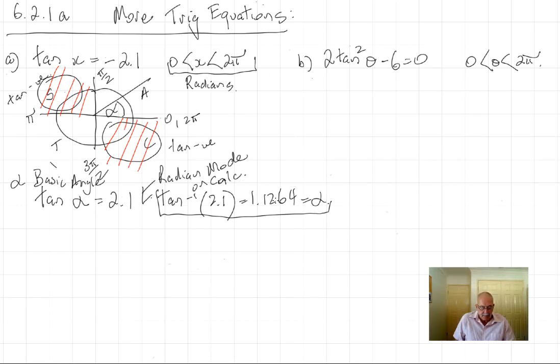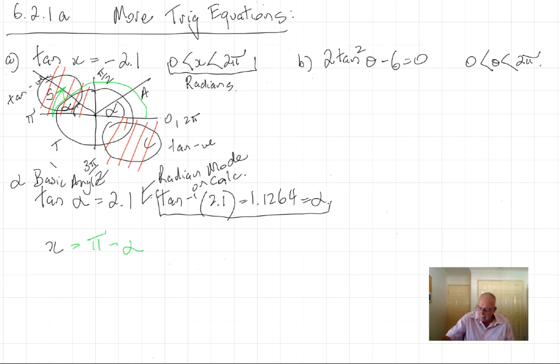That gives us alpha. Now, to work out the angles that will solve this, x, we know that x has got to be either in this quadrant, and that will be my alpha. So we go all the way around to pi, and then we come back to alpha. So if we go green all the way around to there, we get pi, and then we take off alpha, we will get back to that angle, which will be one of my solutions.